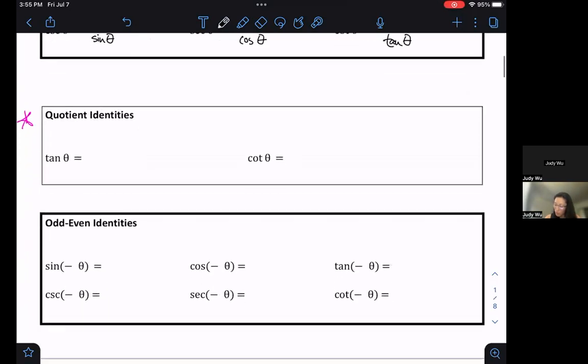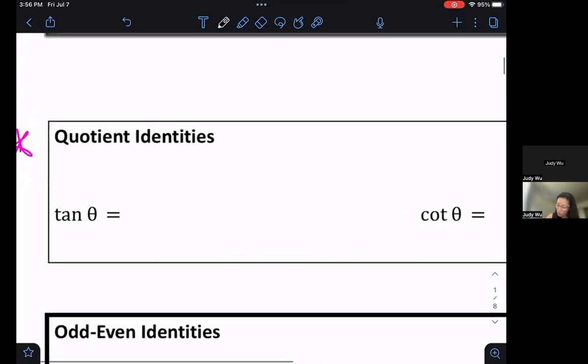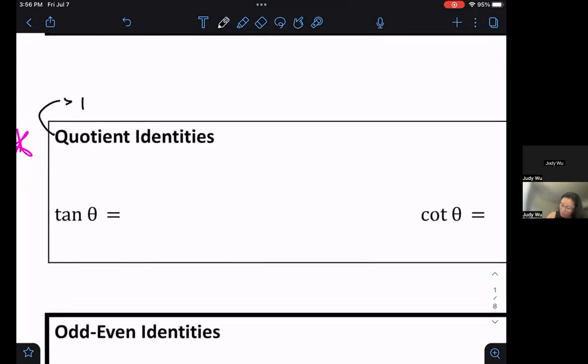Let's move along to our quotient identities. Quotient is actually just a fancy word for division. When we're dividing things, we find a quotient. If we think about how we found tangent on the unit circle, tangent was just sine divided by cosine, or our y values divided by our x values. That turns out to be one of our quotient identities: tangent equals sine theta over cosine theta.